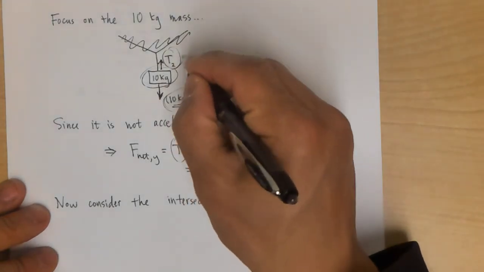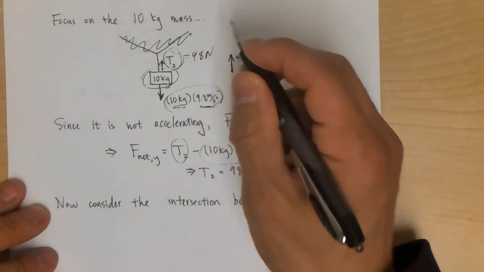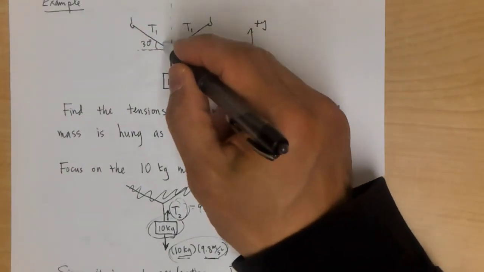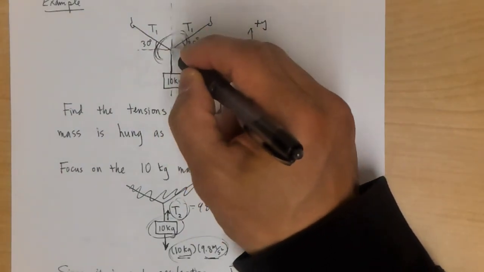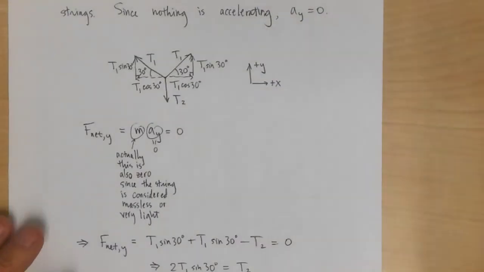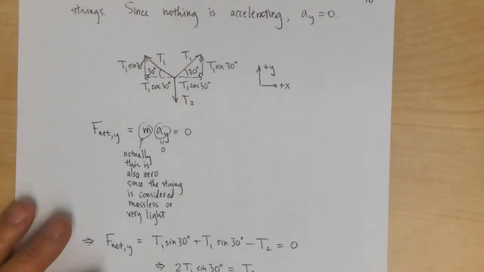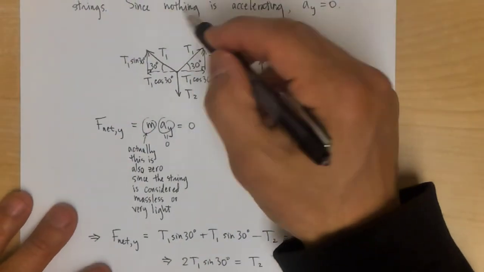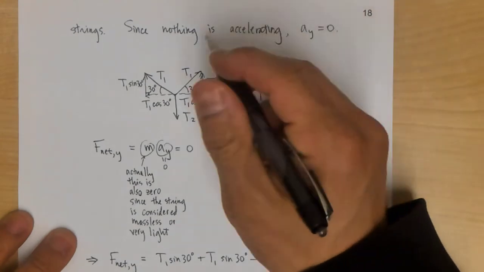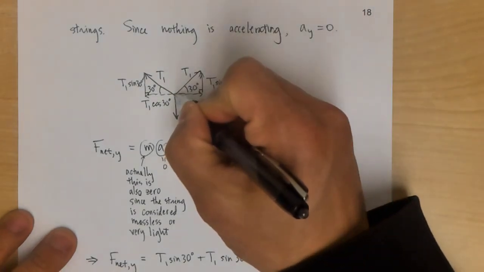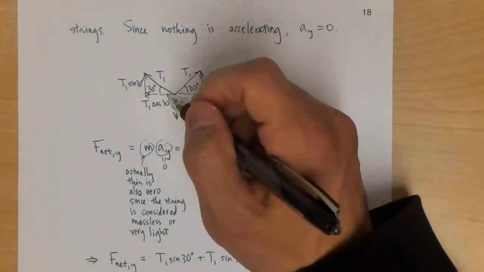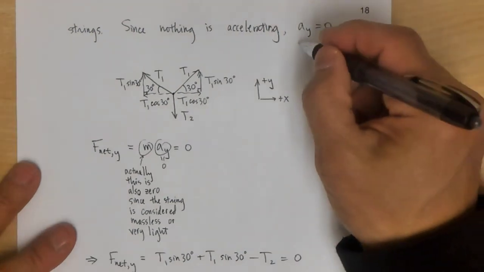Now that we know T2 is 98 newtons, we can take a look at what's going on at this intersection of the strings. Since nothing is accelerating, you can think of there being a very small mass here, with 0 mass if you want. There's no acceleration.